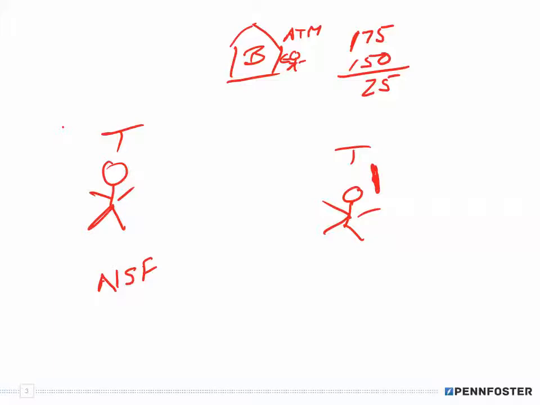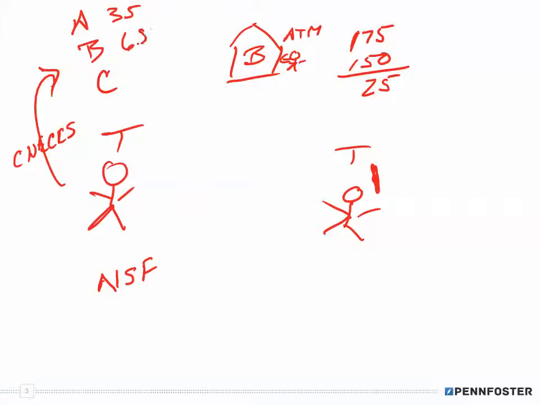The woman was writing checks, and she mailed the checks to whoever she needed to. And let's say she wrote check A, check B, and check C, and it doesn't matter what those amounts were. I'm just making stuff up here, it could have been like 35, 65, and I don't know, $75, something, doesn't really matter.